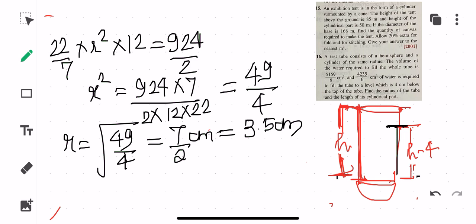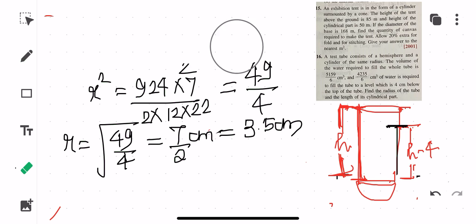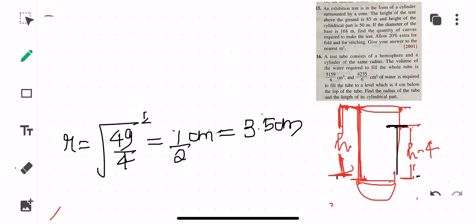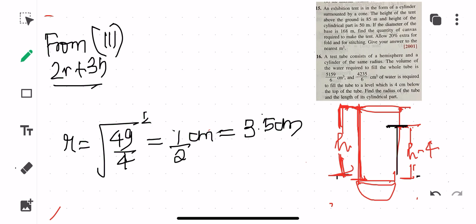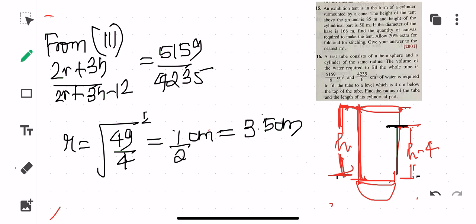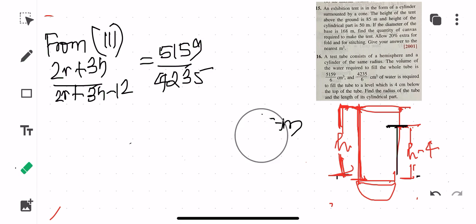So if you remember from equation number 2, sorry, 3, not 2, children. So what you will be writing from equation number 3 that we have taken, if you remember, what was that? It was 2r plus 3h divided by 2r plus 3h minus 12 is equal to 5159 divided by 4235. So now you will be replacing the value of r here.